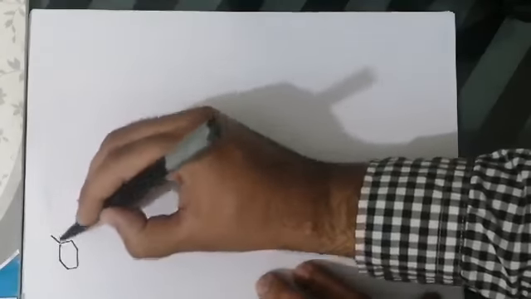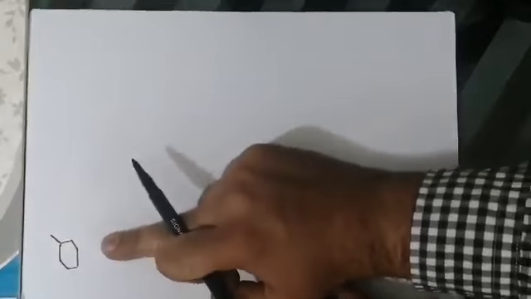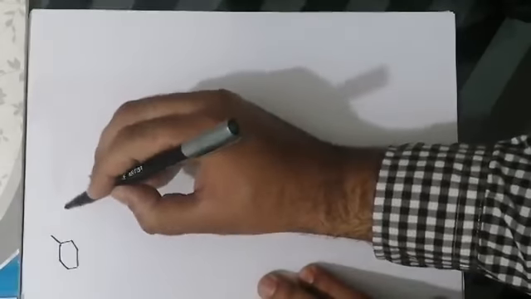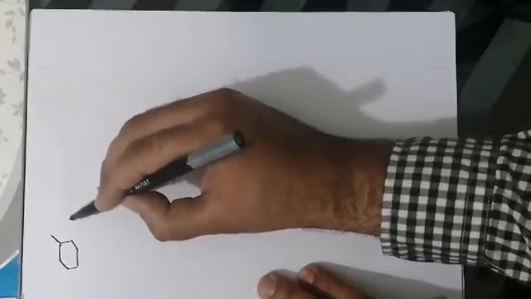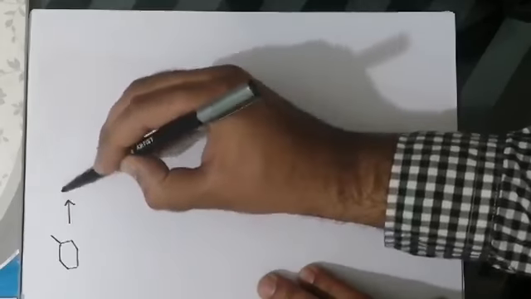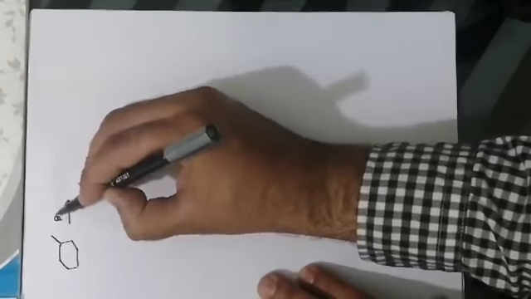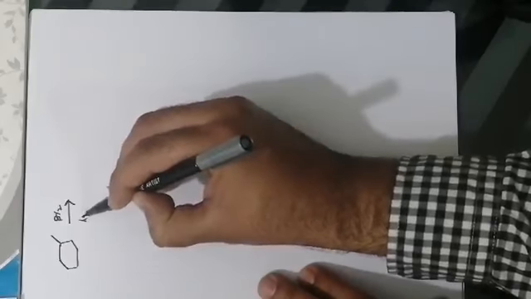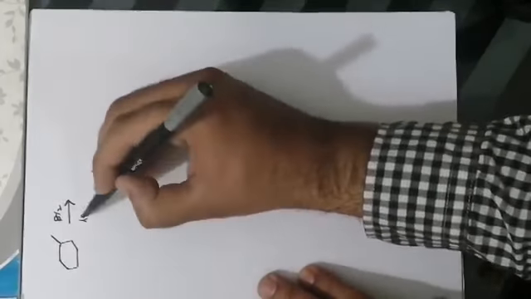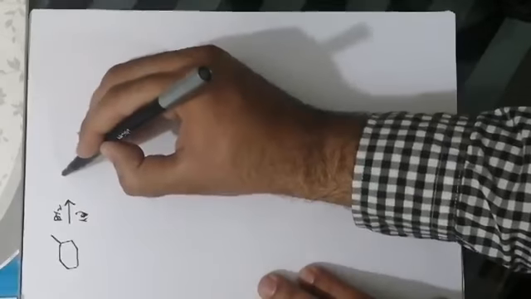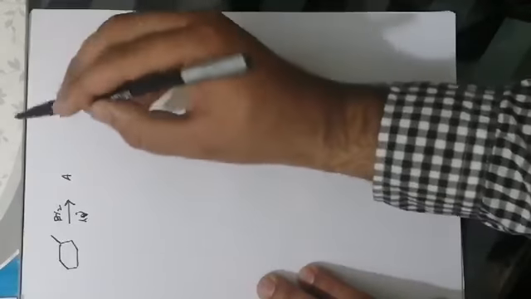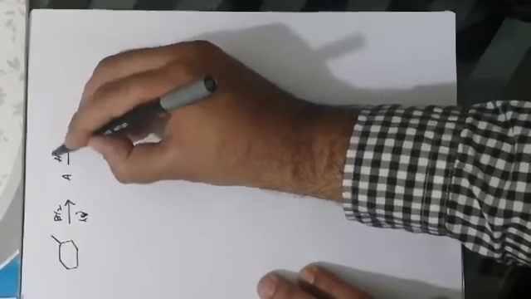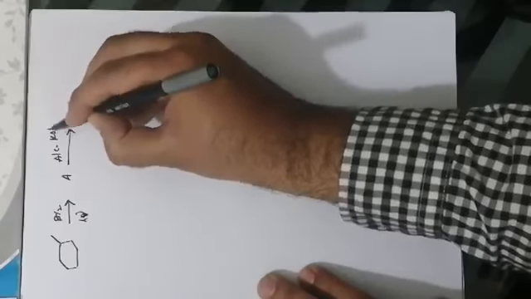The first problem is this compound. In the first step, when bromine is reacted in the presence of sunlight, we get the compound A. Then we react it with alcoholic KOH.